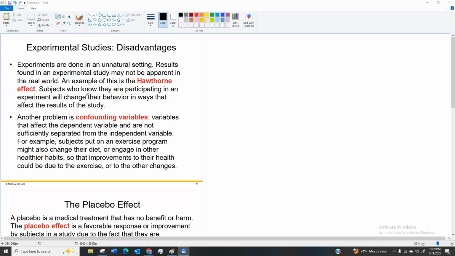So experimental studies aren't without their disadvantages, though. One of the major things is that experiments are done in an unnatural setting oftentimes. And so what happens in the lab or in the unnatural setting may not occur in the same way in real life. One example of this is called the Hawthorne effect.